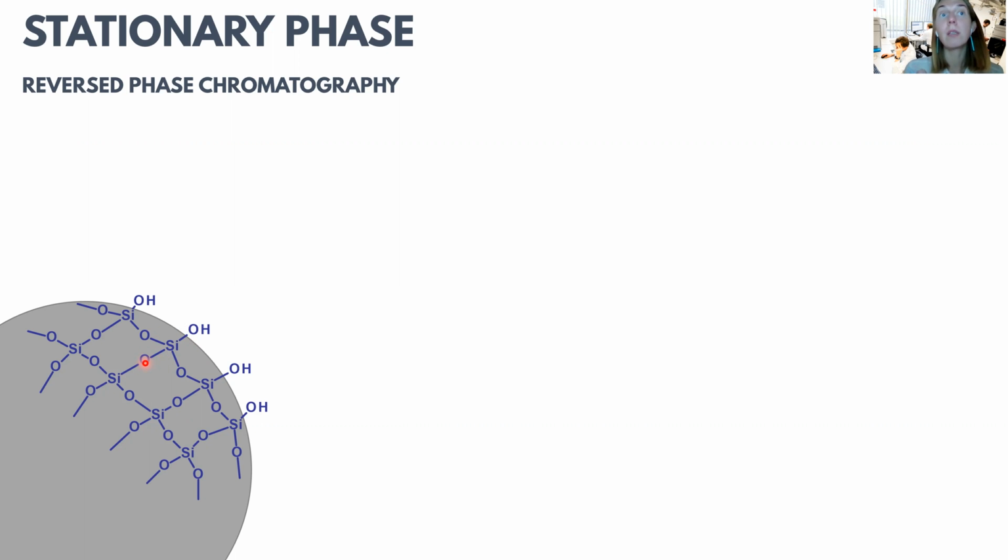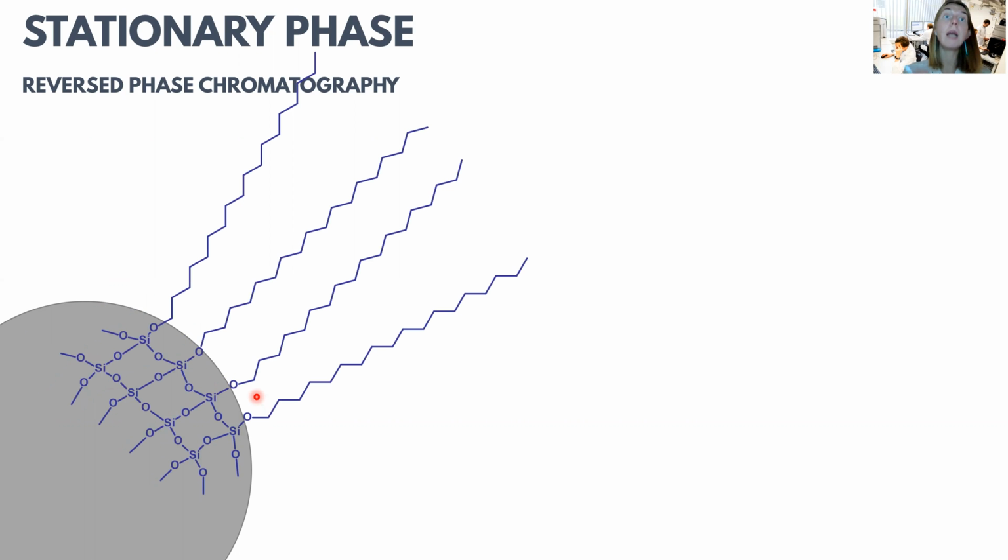Usually the particles have silanol groups on top, but in reverse phase chromatography, we do not use silica particles directly, but we modify these particles by chemically reacting some inert non-polar groups to the surface of the silica particles.